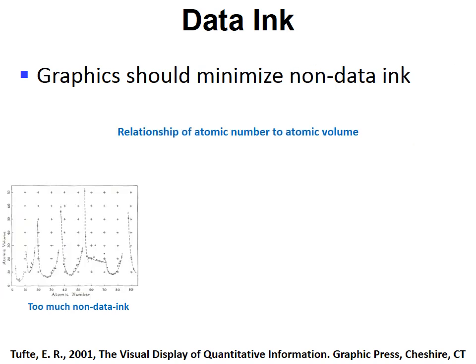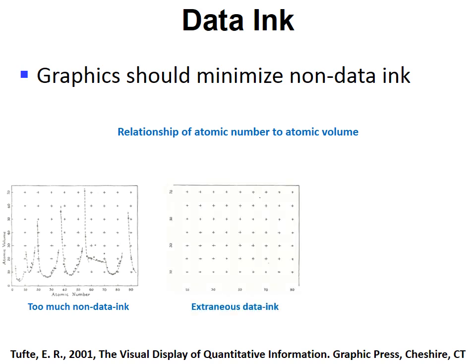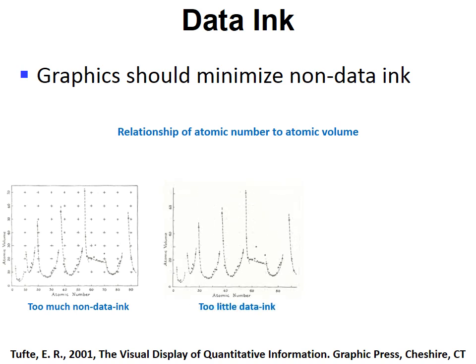The figures below show the atomic volume of several elements as a function of their atomic number. The figure on the left has a border and tick marks that are regarded, at least by Edward Tufte, as extraneous non-data ink. These are isolated in the middle figure for the time being, which when removed show a better graphic that focuses more on the relationship between atomic volume and atomic number for the elements shown.